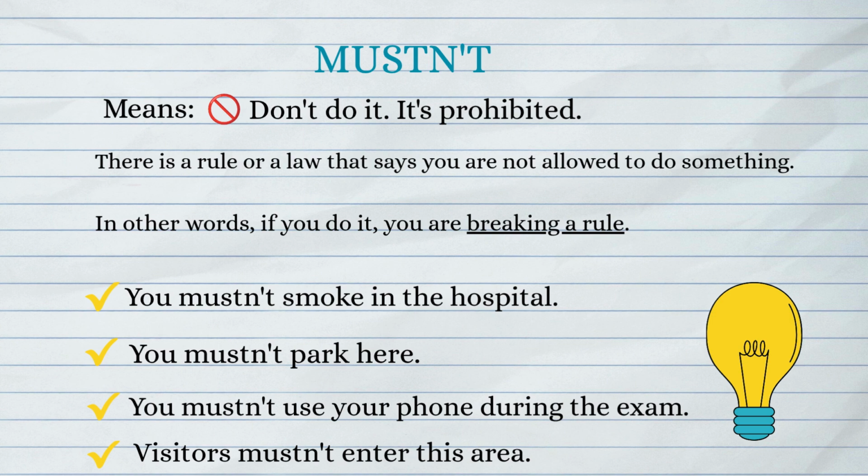Or, you mustn't use your phone during the exam. This is against the rule. Visitors mustn't enter this area. It is prohibited. In all of these examples, the action is forbidden and you shouldn't do it.